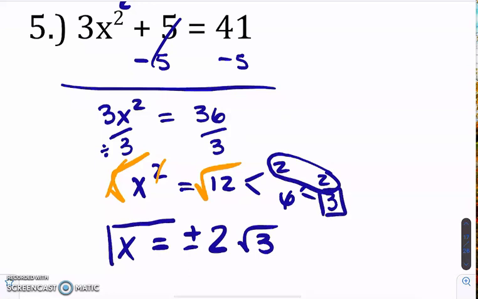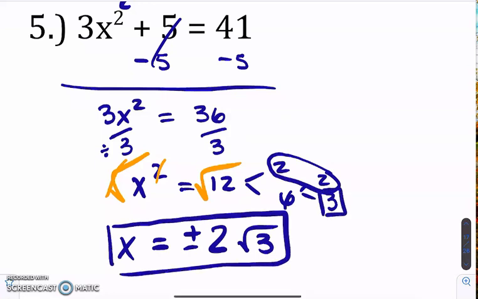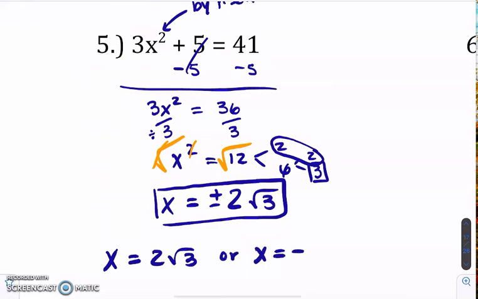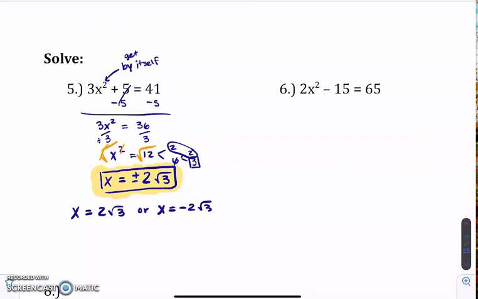So x equals positive and negative 2 root 3. Like I said, you could write it as two separate answers, but we will generally just write it as the one, together, positive and negative 2 root 3. So get whatever is squared by itself first.